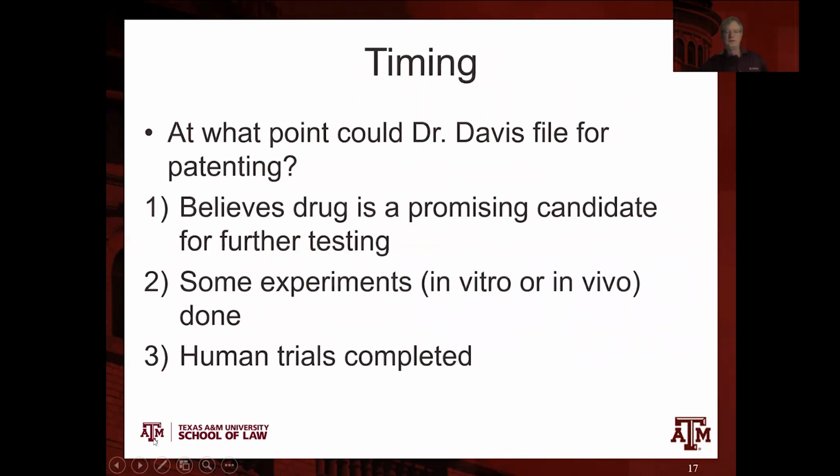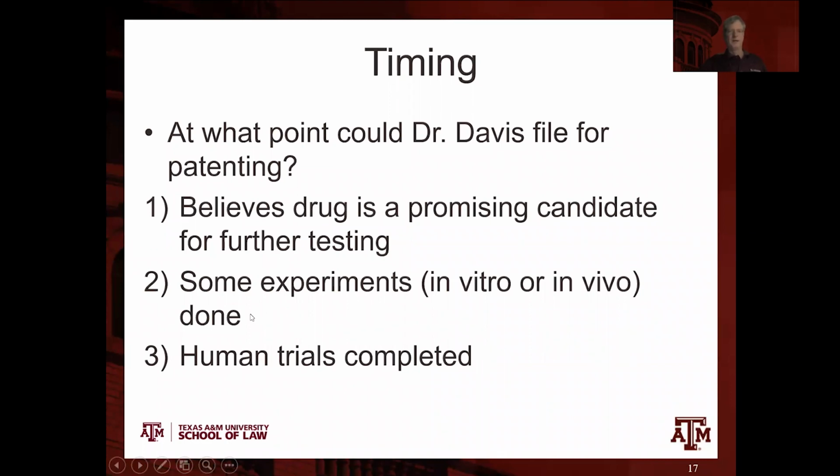So at what point could Dr. Davis file for patenting? What she did file for was when she believed the drug was a promising candidate for further testing. This case says that's too early. This case also says, though it's just dicta, not formally binding on later court decisions, you don't need human trials completed. What they seem to suggest is somewhere in the middle, and that might seem nice in a Goldilocks sense.